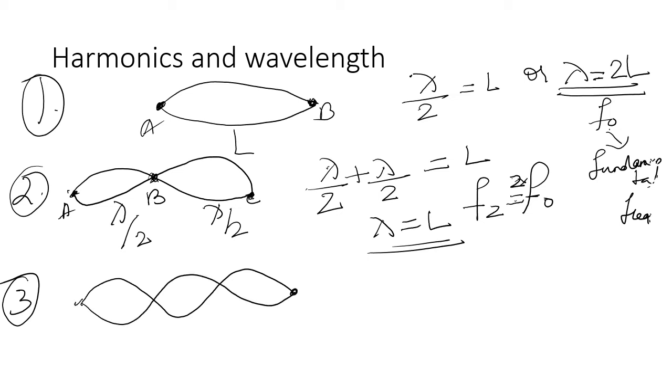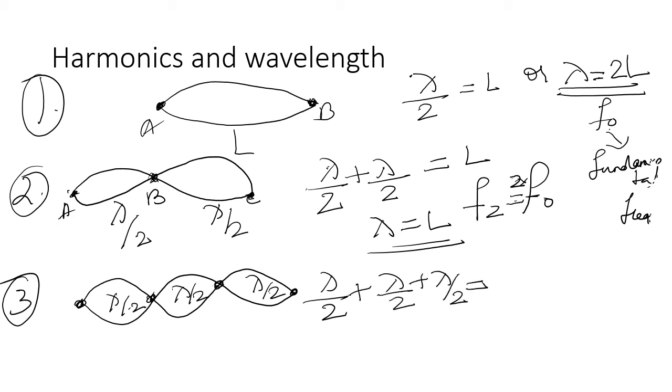Okay, first node, second node, third node, fourth node. So this is a lambda over 2, this is another lambda over 2, this is the third lambda over 2. So lambda over 2 plus lambda over 2 plus lambda over 2 is equal to the length L, because in each case we are using the same length of wire.